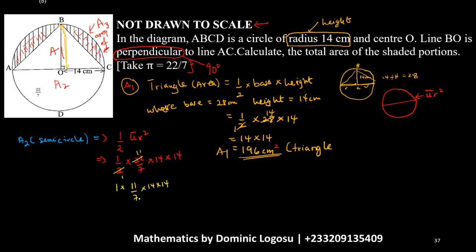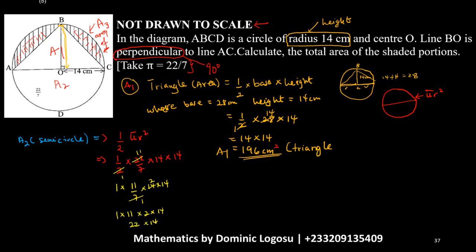Now, this 7, because it is multiplication throughout, we can go ahead and cancel 7 here, 1, 7 here, 2. Writing this, I will have 1 times 11 times 2 times 14. Okay? So solving this, this is going to give us 22. 1 times 11, 11, 22.